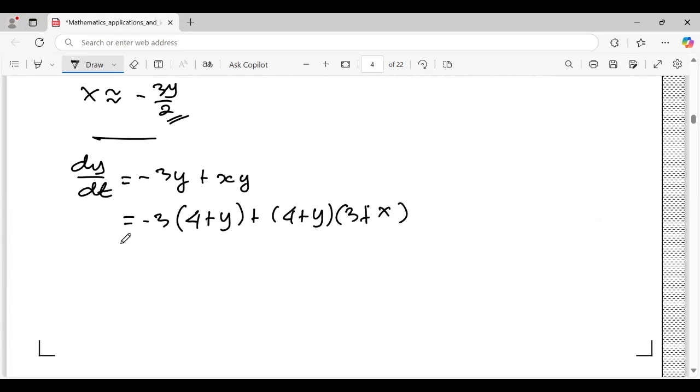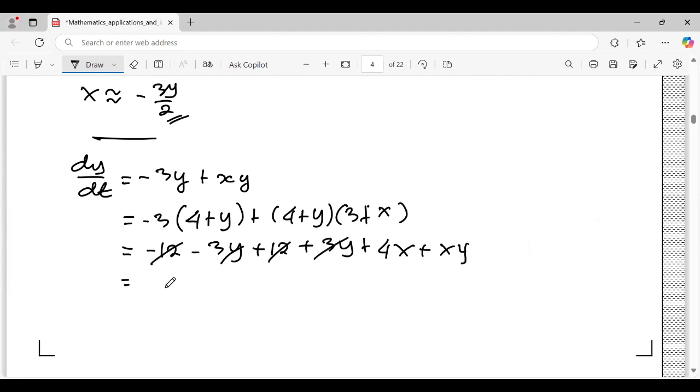This is minus 12 minus 3y plus 12 plus 3y plus 4x plus xy. The constants and y terms cancel to 0. So dy/dt is 4x plus xy.